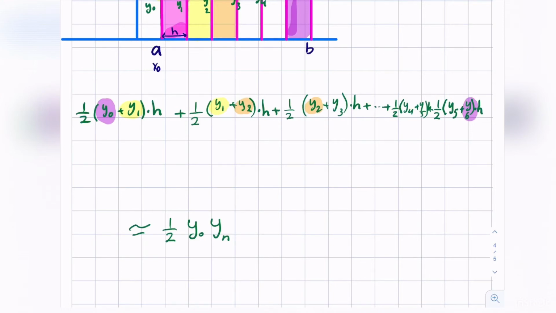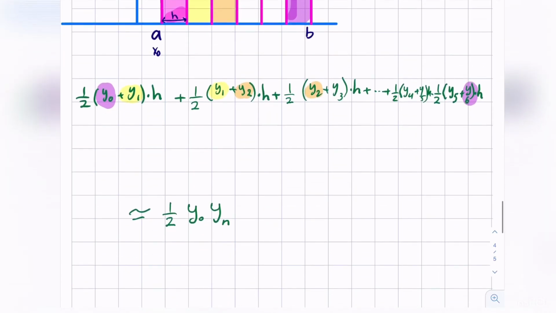Multiplied by h. Okay, so sorry, this is plus 1/2 of y naught plus yn, plus 2 of y1 plus y2 plus until yn minus 1.